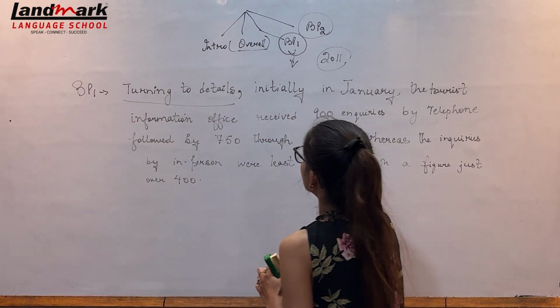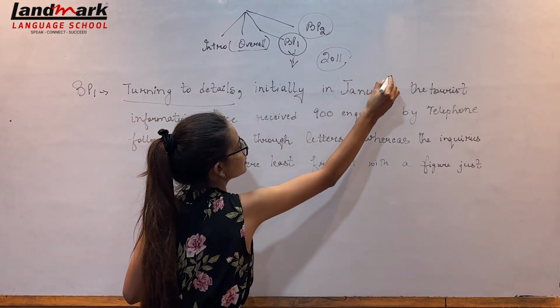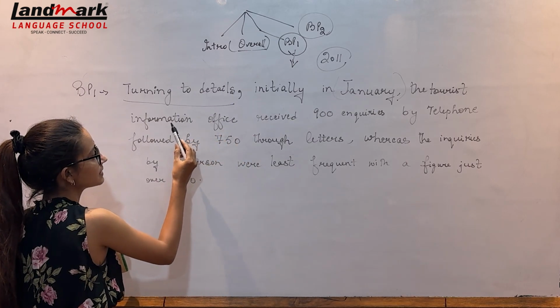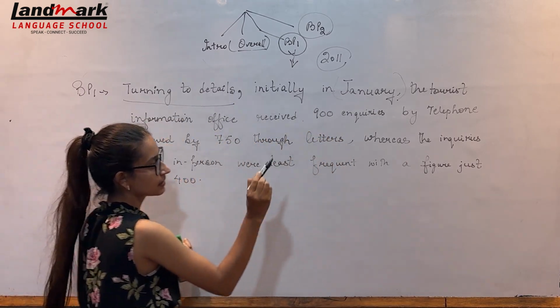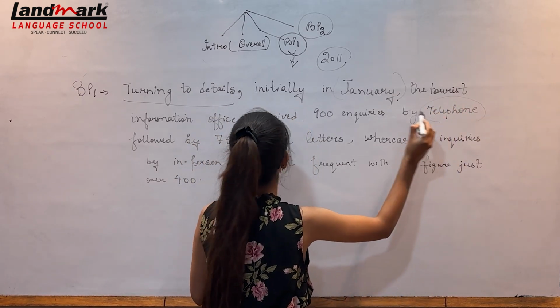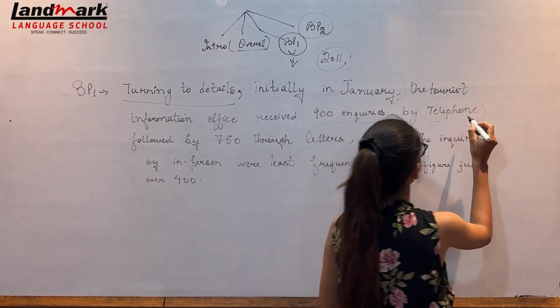Okay, so firstly we have explained the first month, that is January, and we have explained the number of inquiries received by all three methods. Firstly, it is telephone, which is 900 inquiries by telephone.